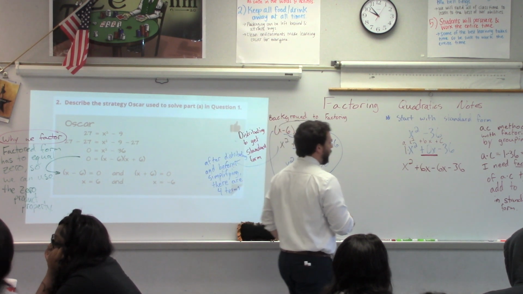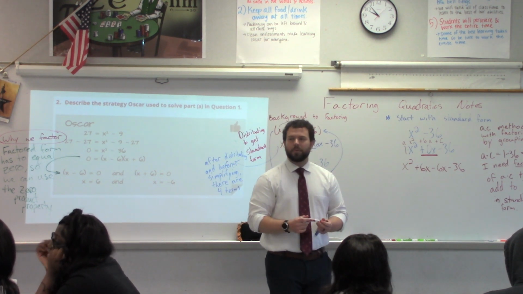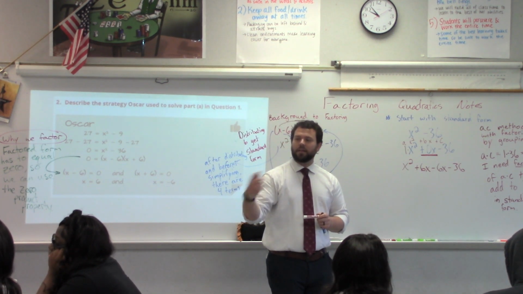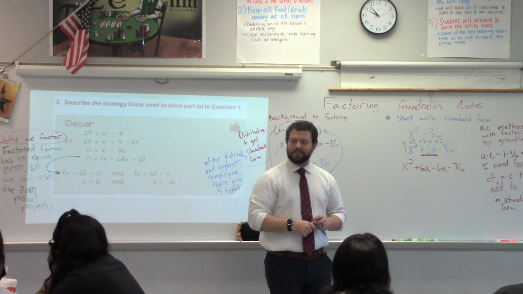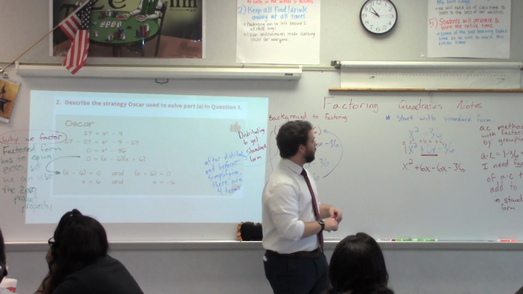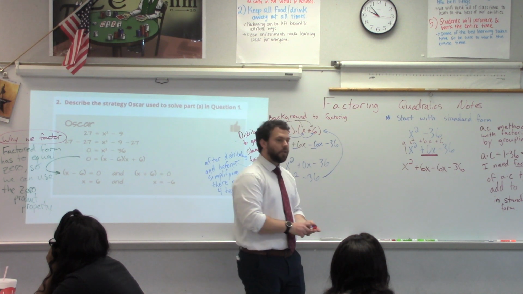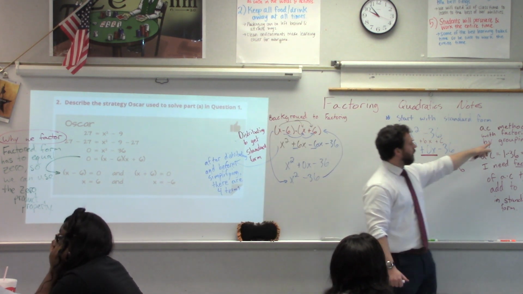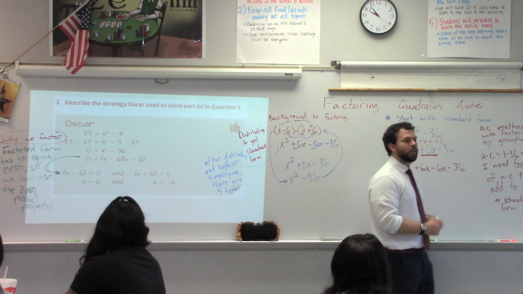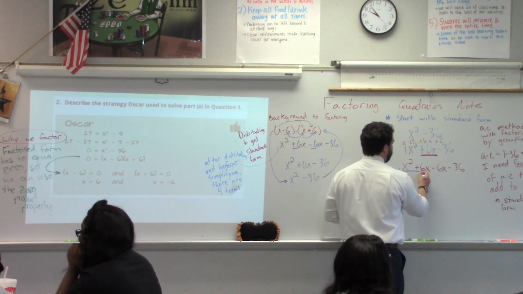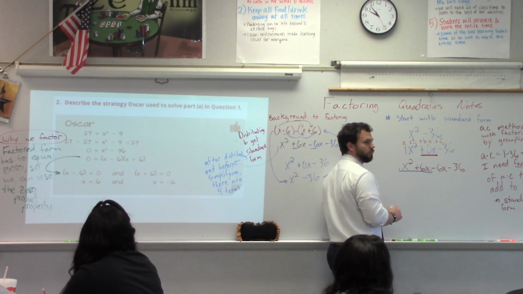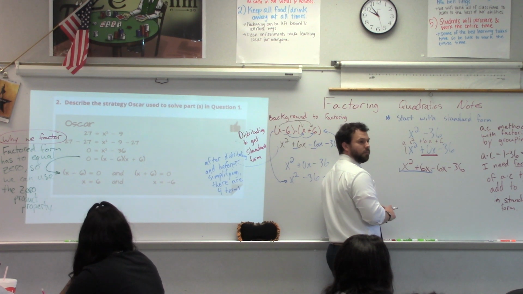Good question though. Okay, so here's the one step that we have to add on. Okay, this is the one step we have to add on that we don't actually see in this distribution. Remember how I said we're going to factor by grouping. You want to group your first two terms together. Any guesses what else you're going to group together?